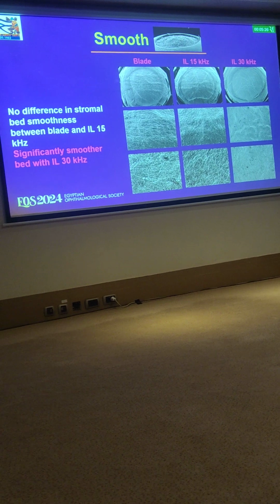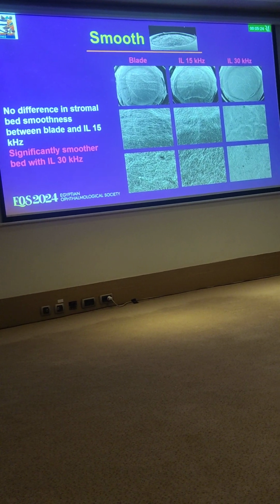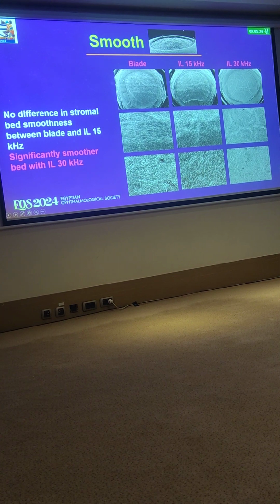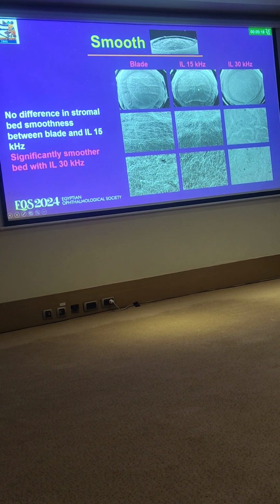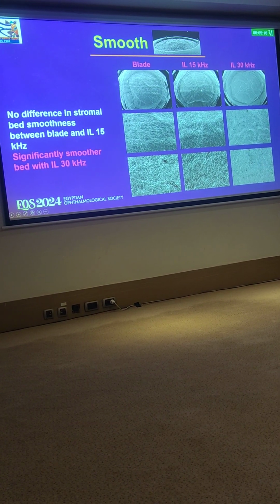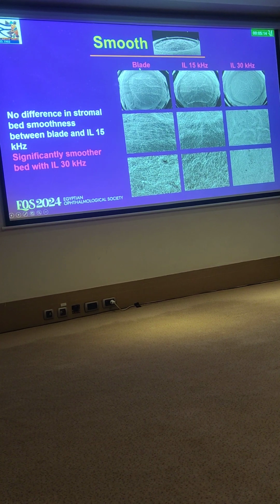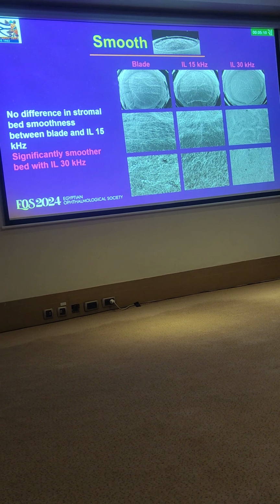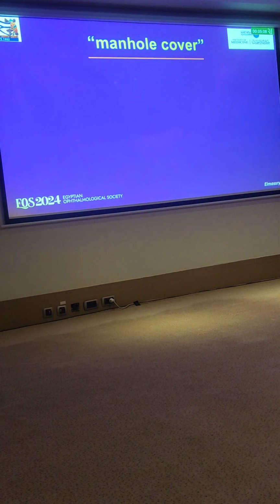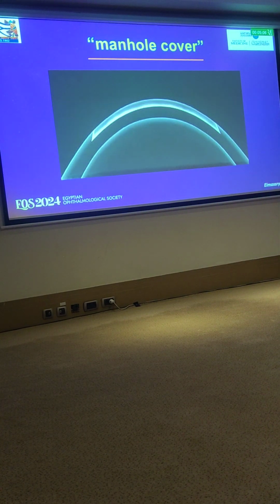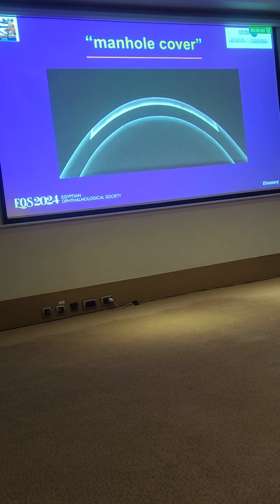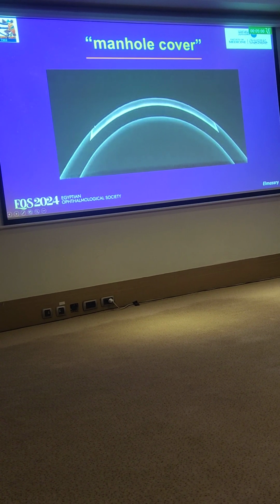So see how the surface is smooth, as you see here, not like the blade or the low energy. So the higher the energy, the more smooth the surface that you find, and the more smooth the surface, the less the rehabilitation time. Simply, even if you are going to talk about the flaps before the idea of SMILE, it creates like a manhole cover.